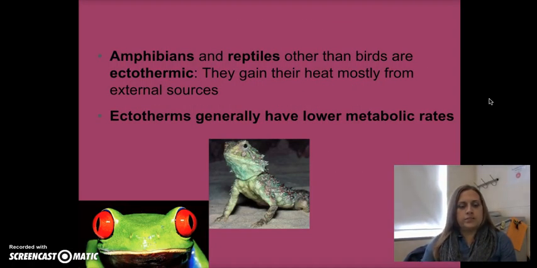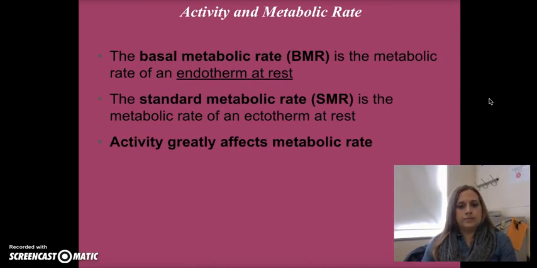Then you've got amphibians and reptiles other than birds that are ectothermic. And so ectotherms are going to gain their heat mostly from external sources, so they tend to have a lower metabolic rate. Now, when we're looking at metabolic rate, activity greatly affects metabolic rate. And so when we're talking about endotherms, we want to know their basal metabolic rate. And that is the metabolic rate of an endotherm at rest.